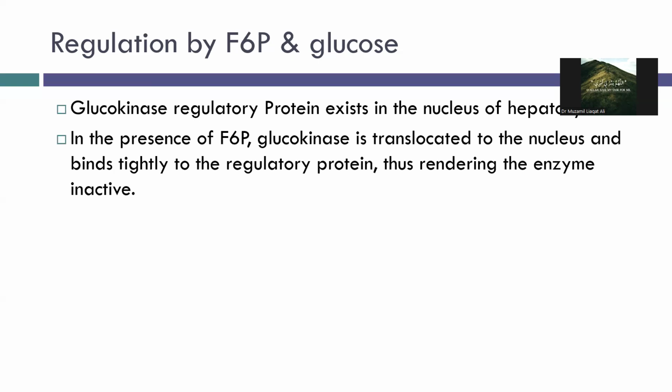When blood glucose rises, glucose enters the nucleus, displaces the fructose 6-phosphate and releases glucokinase into the cytosol where it becomes active. This mechanism allows the liver to rapidly respond to postprandial hyperglycemia.